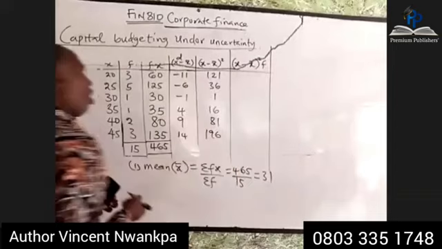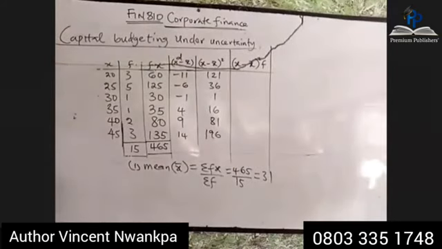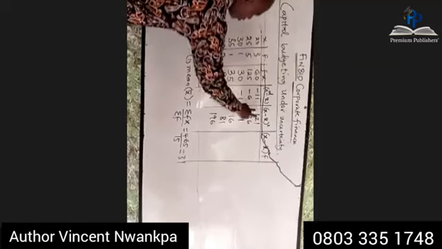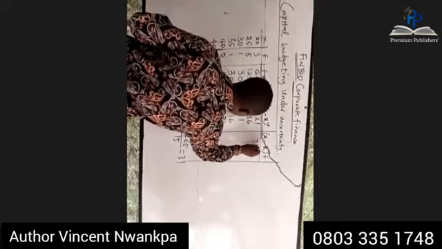From all indication, we have 121 times 3, that is 363.